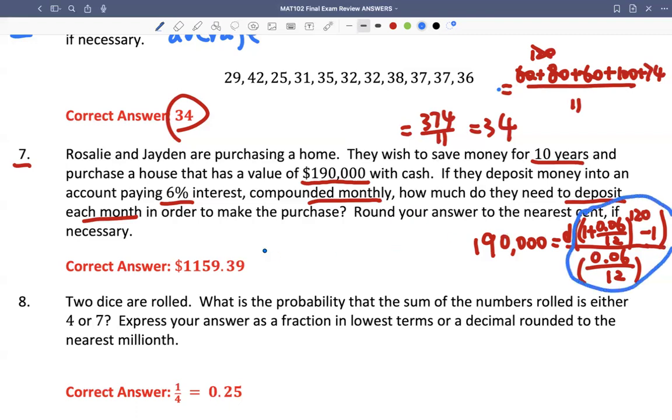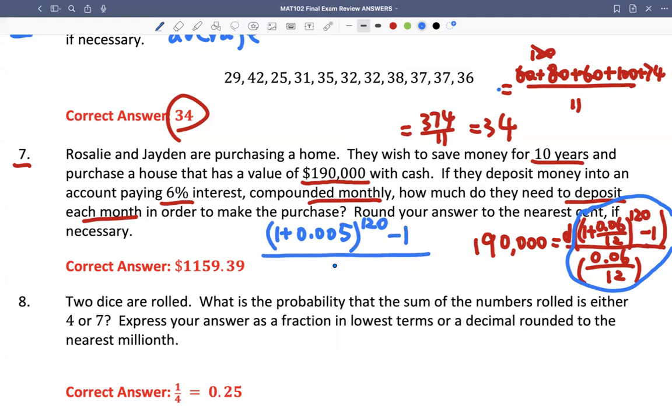Let's calculate this part. We have 1 plus 0.06 divided by 12, which is 0.005, two zeros. Be careful with the decimal places. And this raised by 120, then minus 1.